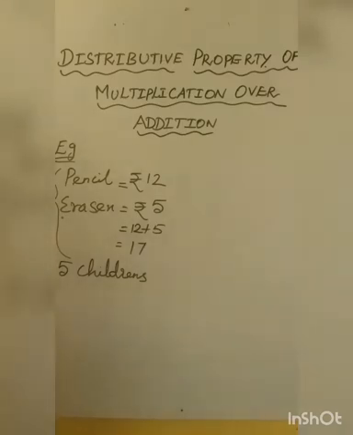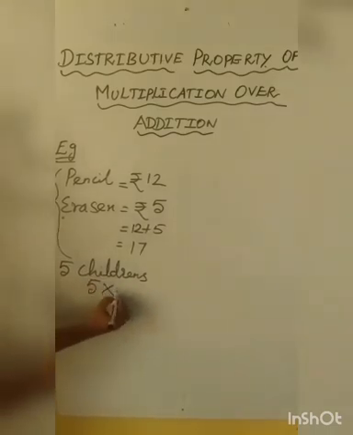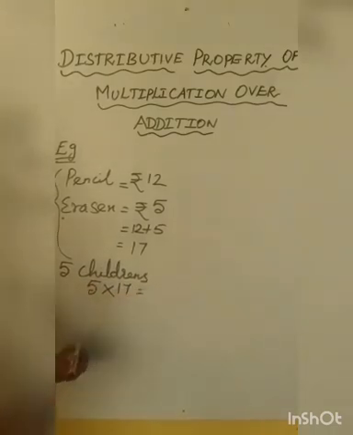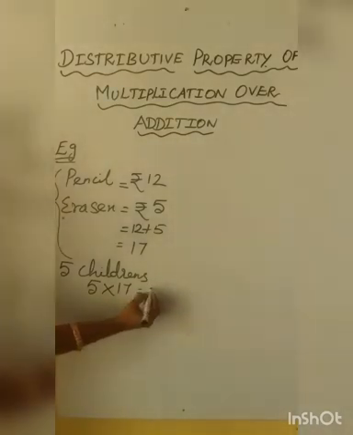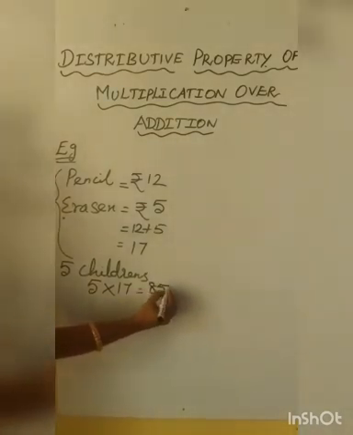How much amount do they pay? Each pencil and eraser together cost 17 rupees, and there are 5 children. So we multiply 5 multiplied by 17, which equals 85. The answer is 85.